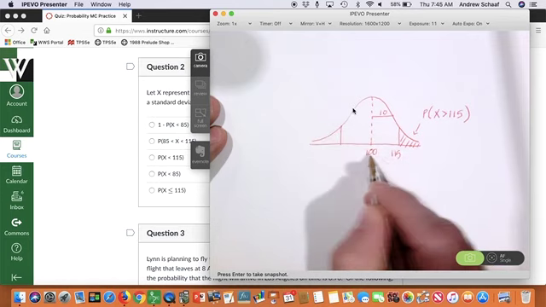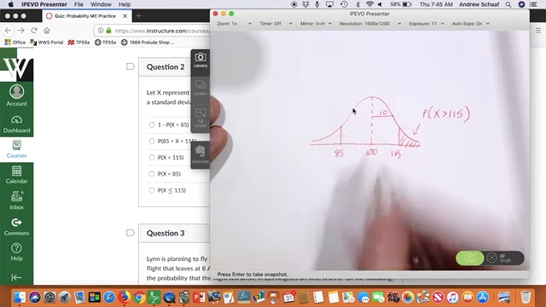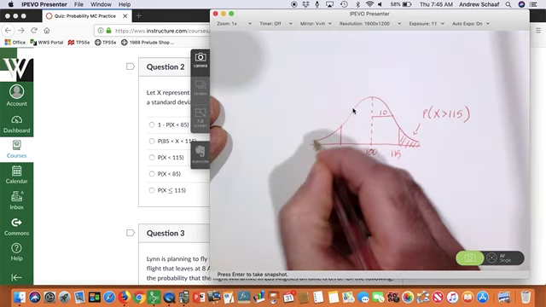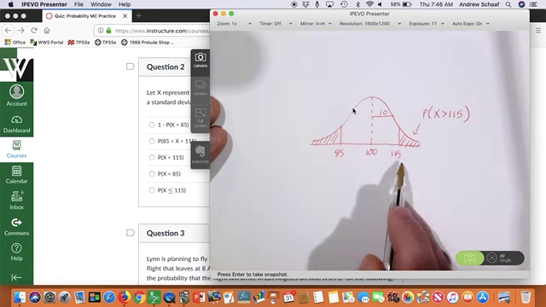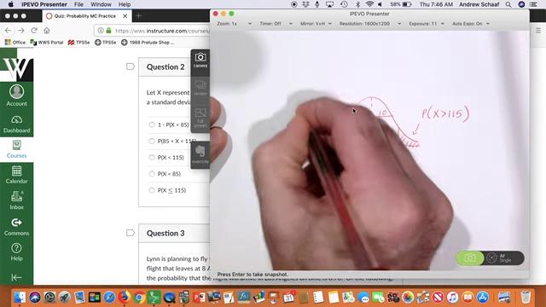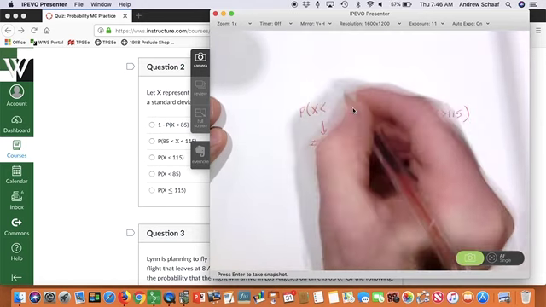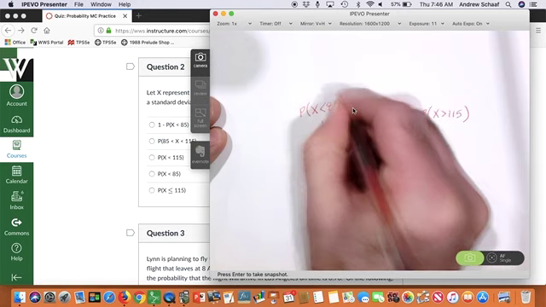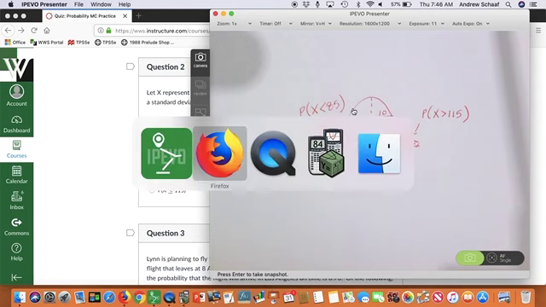If I put my boundary at 15 units below 100, or 85, I know because of the symmetry of the distribution, the percentage of observations below 85 is the same as the percentage of observations above 115. So in terms of probability notation, this is the probability that x is less than 85. That's the answer that we're looking for here.